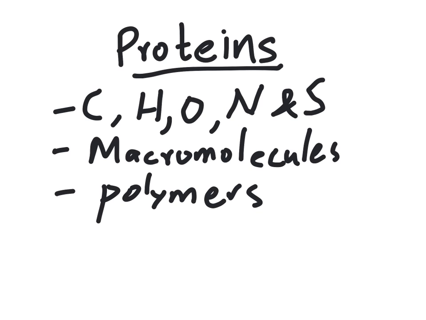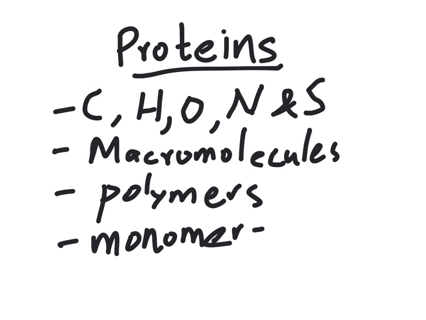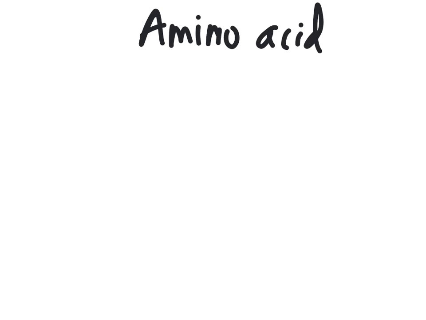Here the monomer of proteins is the amino acid. Right. So let's see the basic structure of amino acid. Amino acid is the monomer, the basic unit of protein.